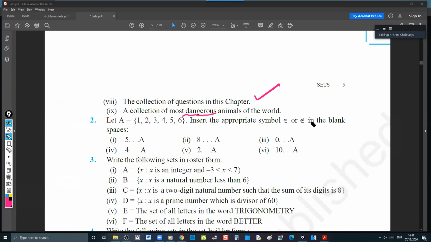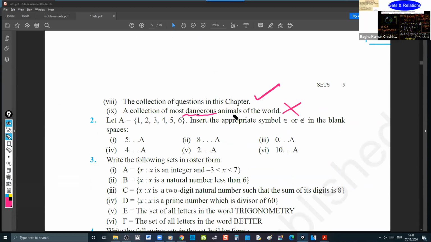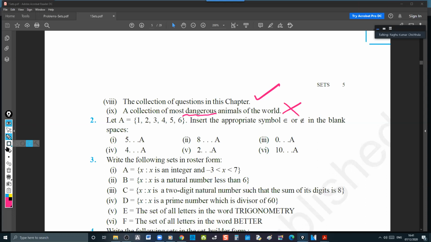It cannot be a set, sir, because we don't know what kind of animals dwell in this world. Dangerous means you cannot define that, because how dangerous it is, we don't know. So that's not a set. Come on, second one, Maurya. Yes, sir.